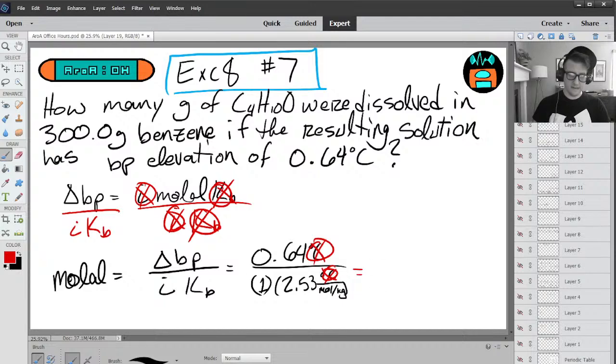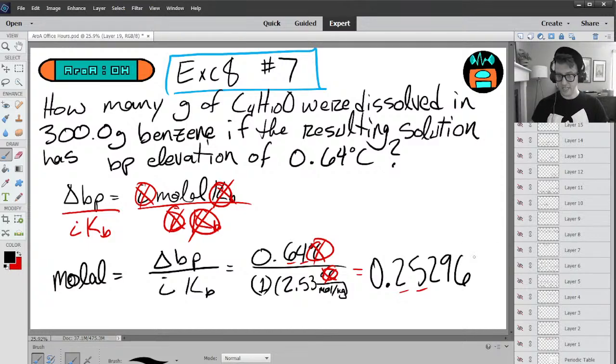So our molality then is equal to 0.25296. We can only keep 2 sig figs, but I'm going to leave all of the numbers here because you wait to round till the very end, and our units are moles per kilogram.